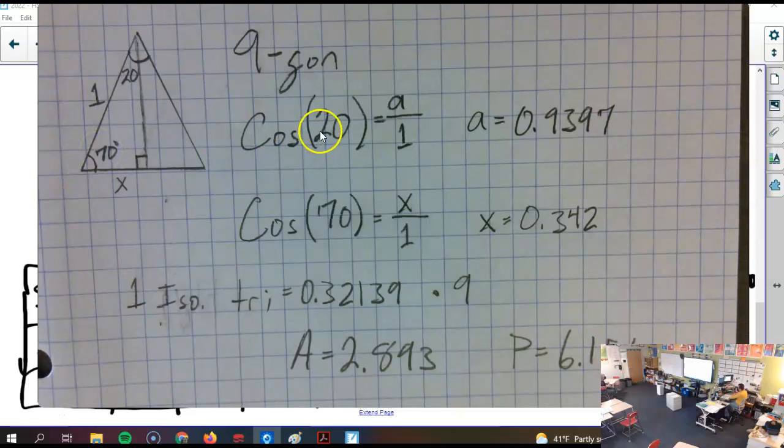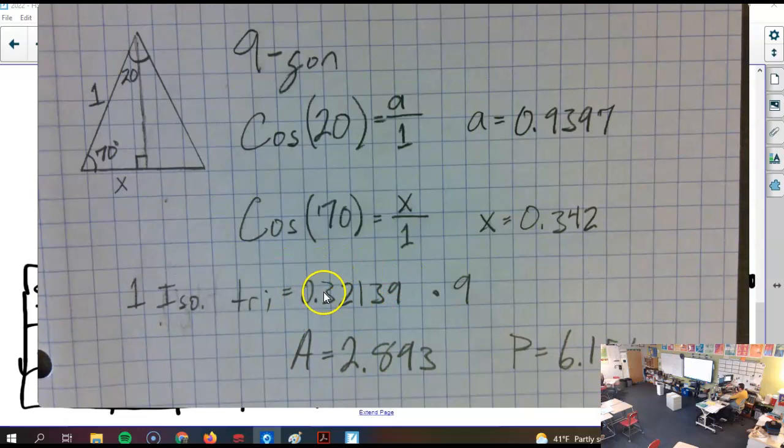Then I can use cosine to get both the apothem and half of the base, or half of the edge. That tells me that one isosceles triangle would have the area of this, because if I multiply my x by my a, this is half of the base and this is the height. So that's the area of the isosceles triangle.